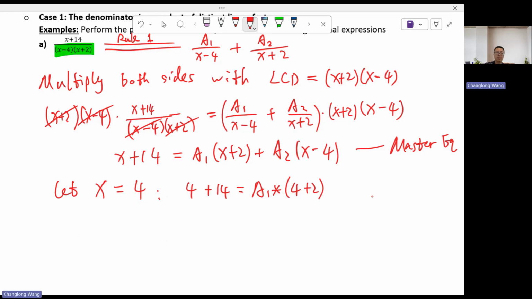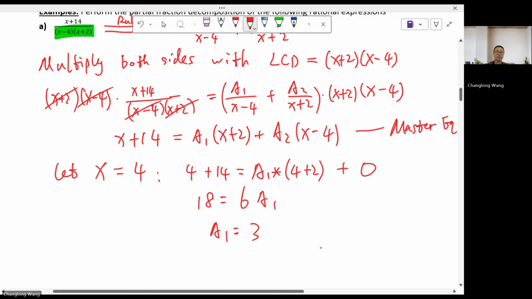What about the second part? x is 4, so we should just get a 0, right? Now, do you see why I came up with a 4? It kills the second part without me even knowing what a sub 2 is. Now you can solve for a sub 1. Let me write down the number: 18 equals 6 times a1. Therefore, a1 must be 3.